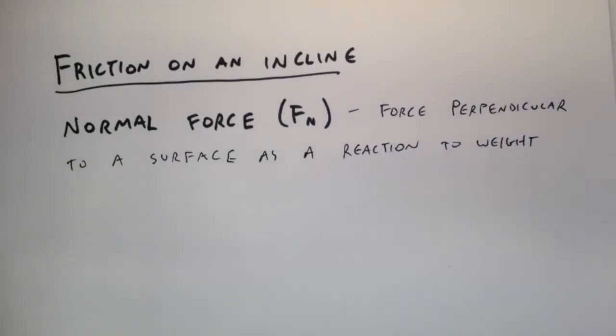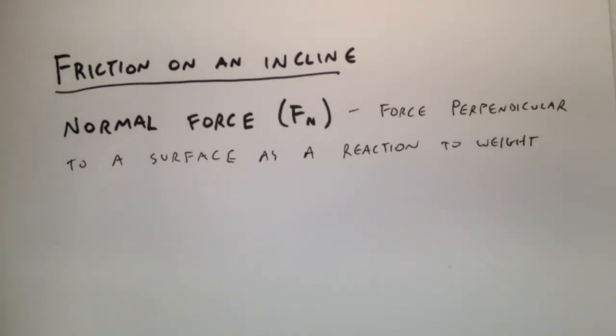You remember the old equal and opposite reaction line? Every force has an equal and opposite reaction force. That is technically true. Of course, this is a physics class, so everything is technically true. But the normal force is the equal and opposite force to that.